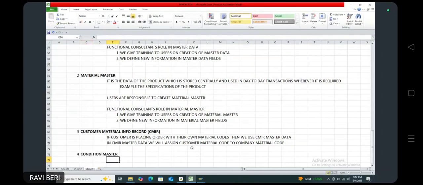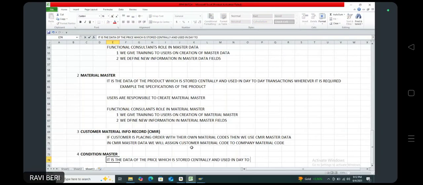Condition master, fourth master data. Make a note. It is the data of the price which is stored centrally and used in day-to-day transactions wherever it is required.